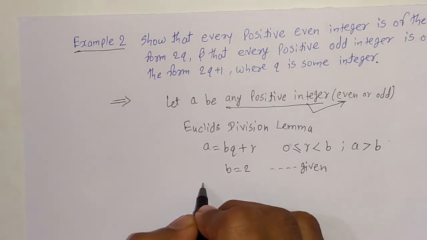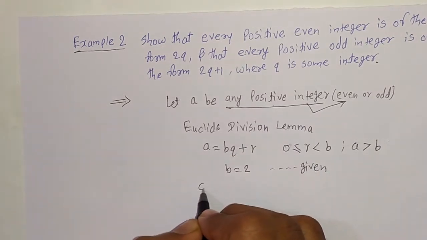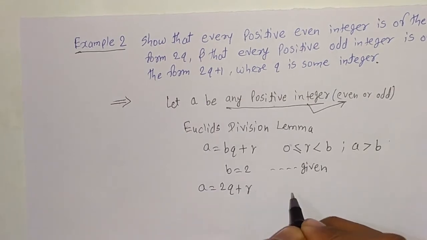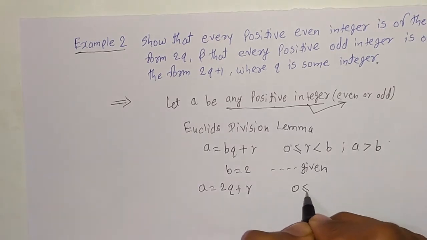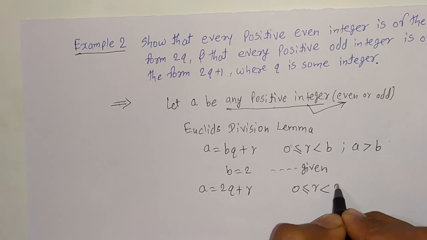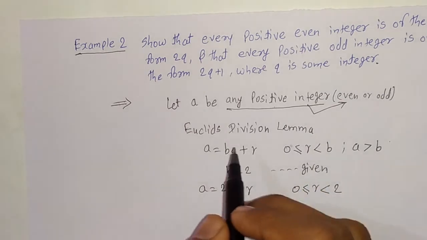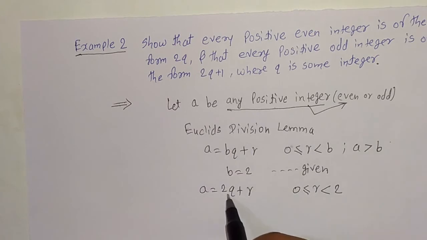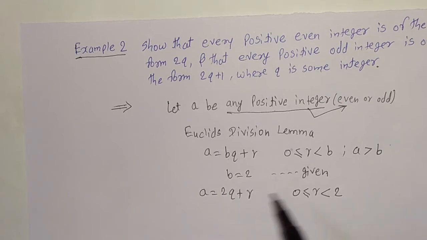Now write down the generalized form: a equal to 2q plus r, where 0 is less than or equal to r less than 2. Why have we written the value of b as 2? Because in this formula and in this condition we have used the value of b as 2.